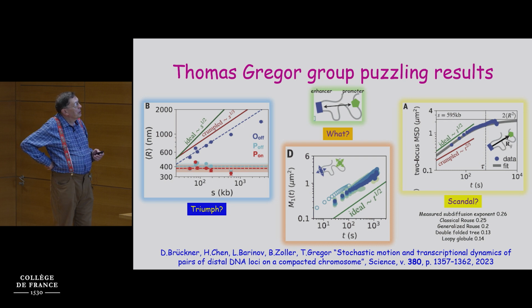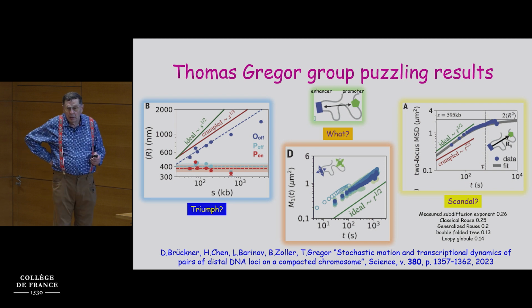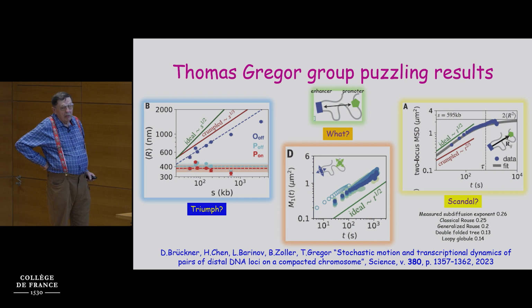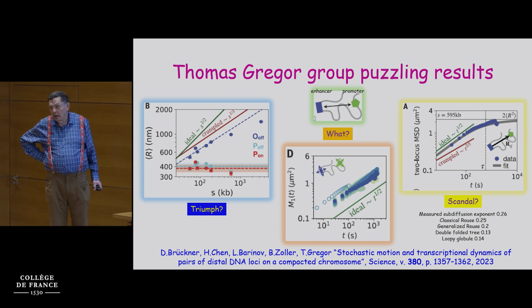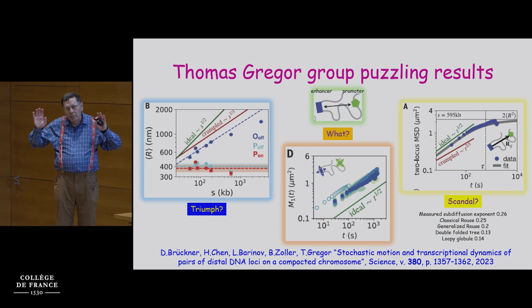And what about experiments? The most puzzling and difficult to understand experiments were reported by Thomas Gregor and his group last year. They were able to consider two parts on the chromatin by very clever genetic manipulations.